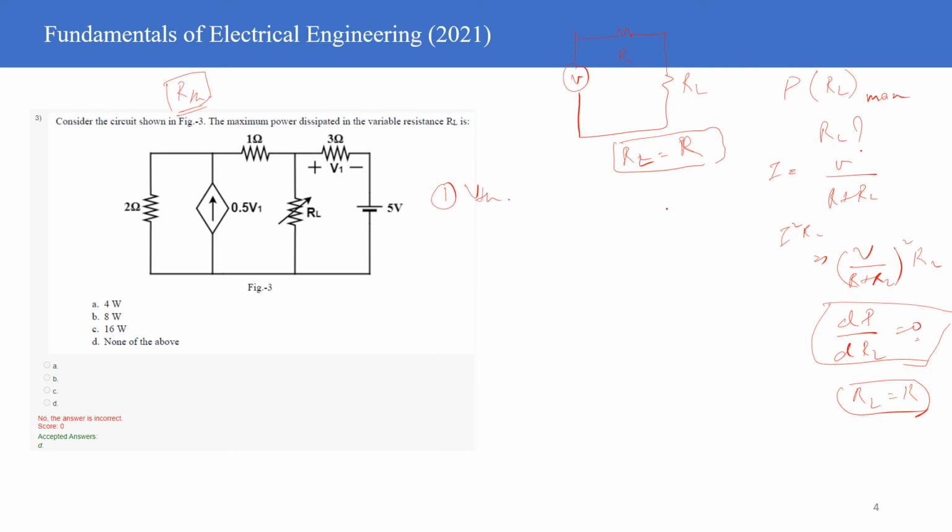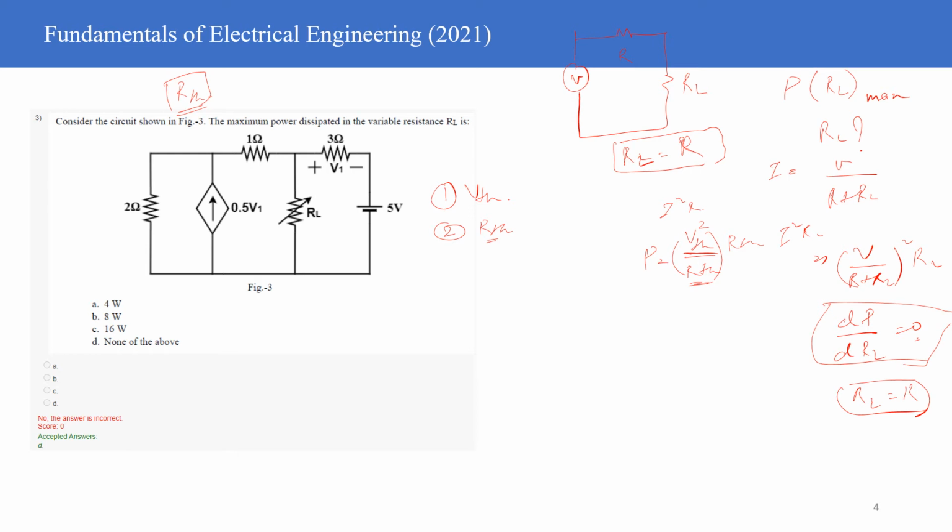I said that power is nothing but I squared R. Also, you can write it as (V Thevenin divided by R Thevenin) squared into R Thevenin. So if you want to figure out power, you have to have a value of V Thevenin. That is the first thing. The second thing is that you have to have a value of R Thevenin. Once you have these two things, you can determine the value of the power.